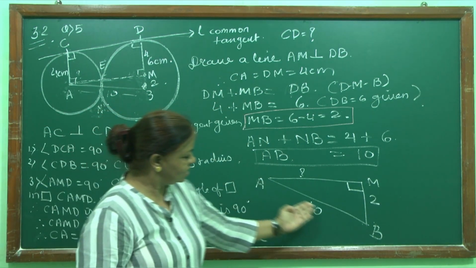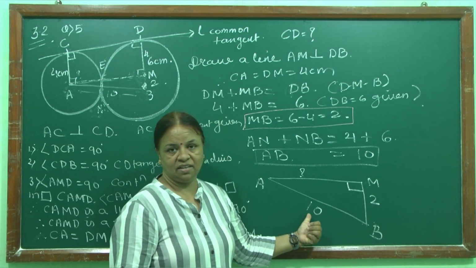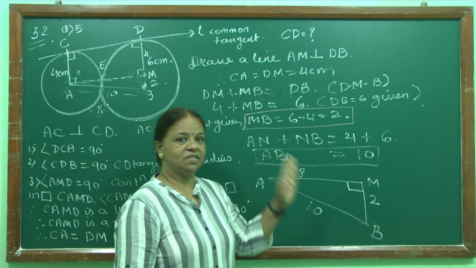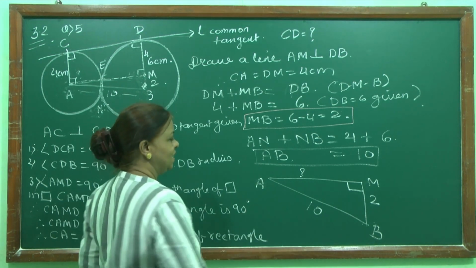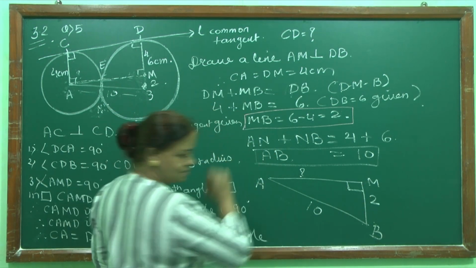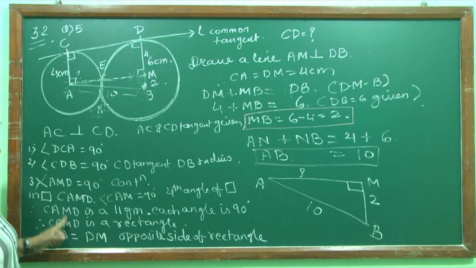So I can get AM here. Now you can see this figure. This is 90 degree, this is 2 and this is 10. I think you know it, and 100% the formula will be Pythagoras theorem. Since it is having 90 degree, we will be using Pythagoras theorem in this triangle. I am rubbing this. You can pause and write down.